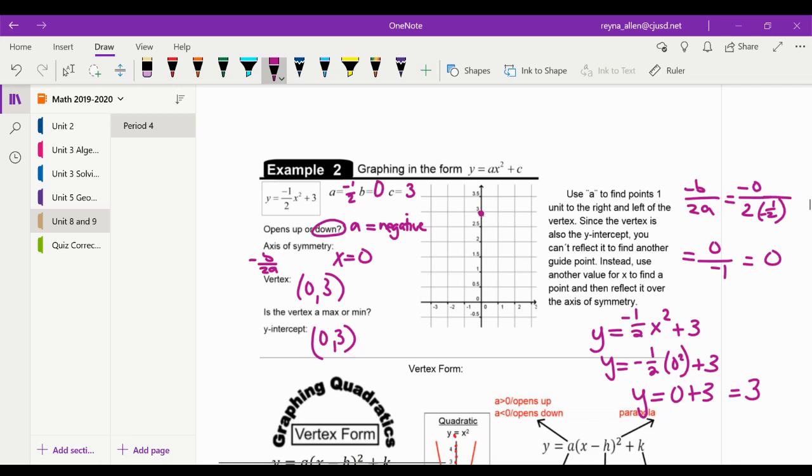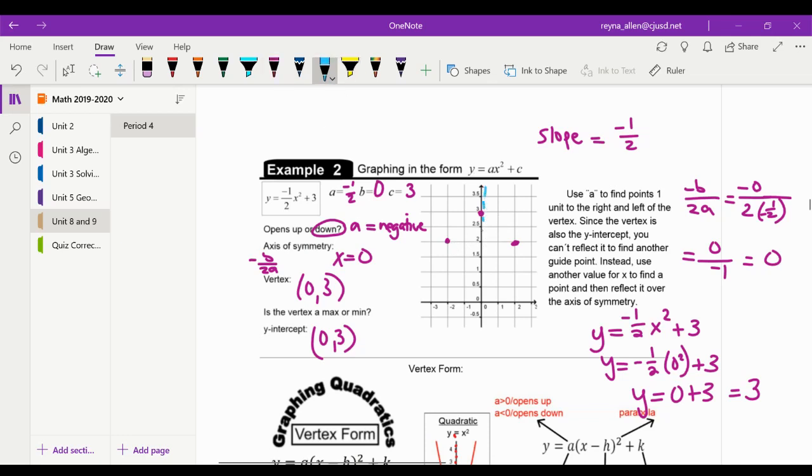So again, do the slope. So slope, for this one, we have negative 1/2. So down 1, this graph is counting by half, so make sure you watch your graph. So down 1, to the right 2, and then same thing for the other side, down 1, to the left 2.